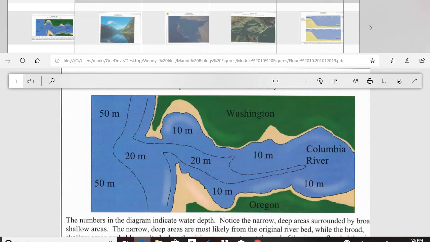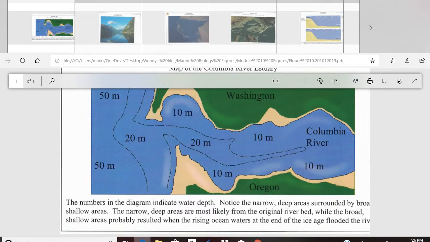And so remember we said that you have these narrow, deep areas, which would be here, and then you have the broad, shallow areas. The narrow, deep areas are surrounded by broad, shallow areas.